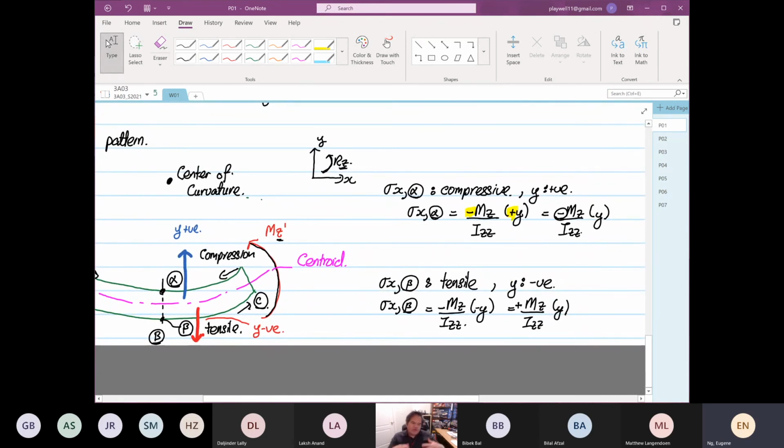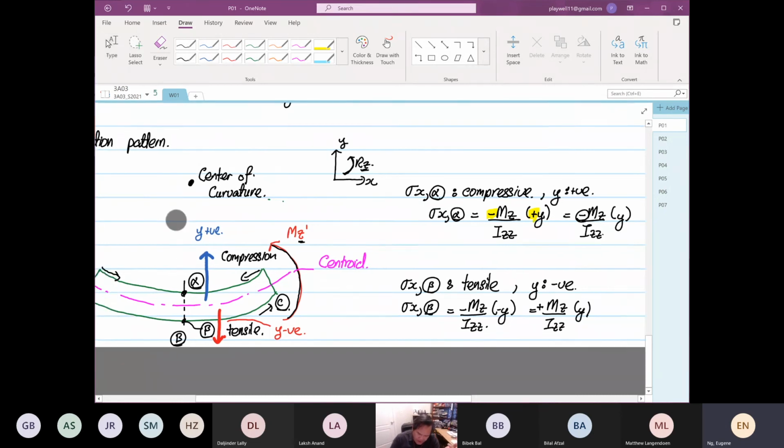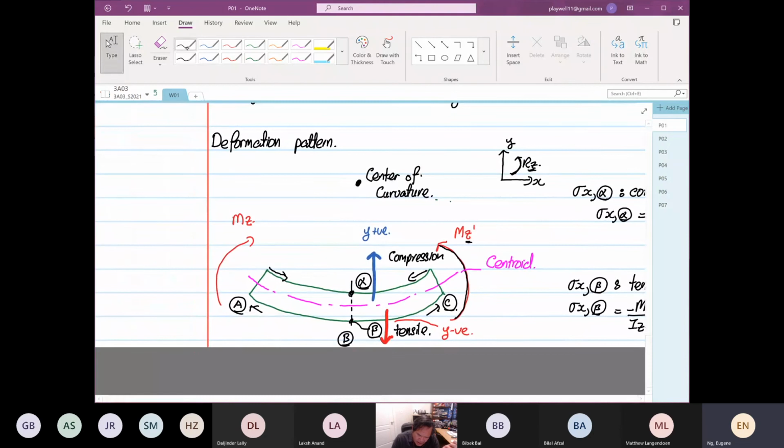Now, that is theoretically what's happening. I'm going to teach you an easier way to remember, and the technique is based on the moment vector. So this is how the moment has been applied.